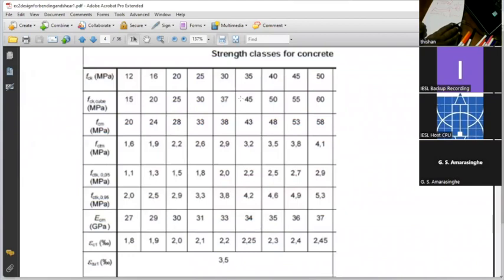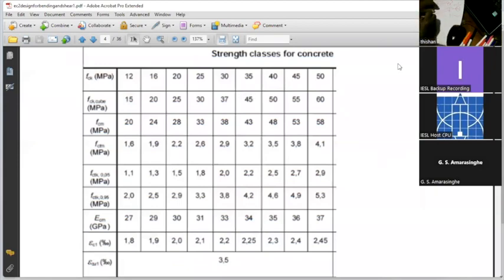So then what happened was now we have a very different situation with concrete technology. So we have to see how we fit into today's scenario. And so you can see using 30 megapascal maybe little too low, and even for post tension beams, use of 45 megapascal may be a reasonable value.